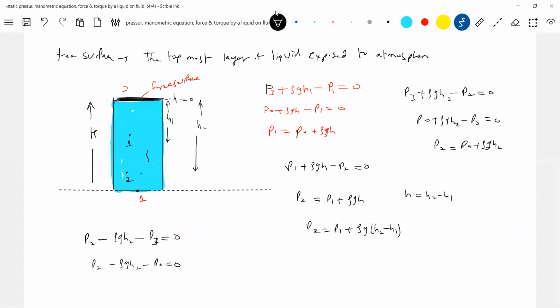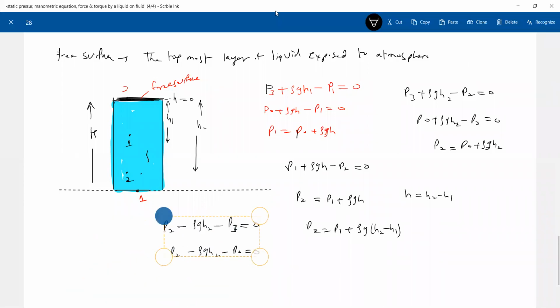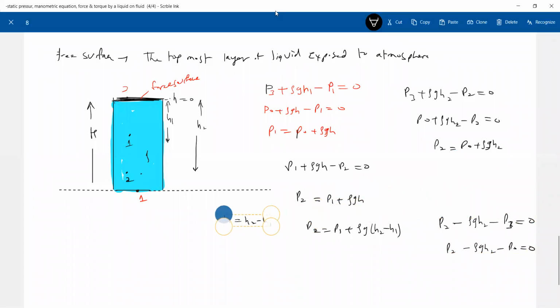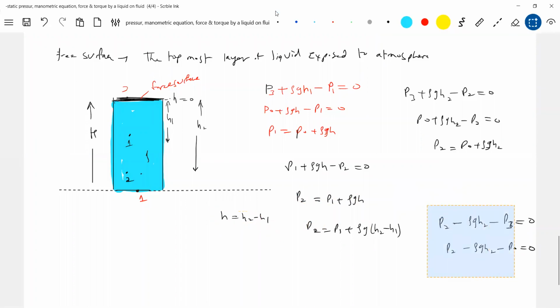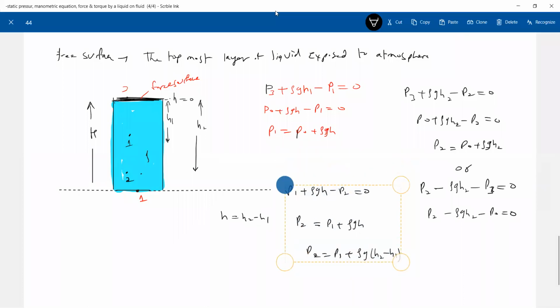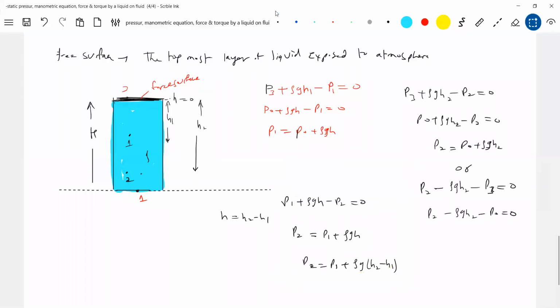In a reverse way, completely. There's no rule that you should always move down inside the liquid. So similarly here, P1 minus rho G H1 minus P3 equals 0.